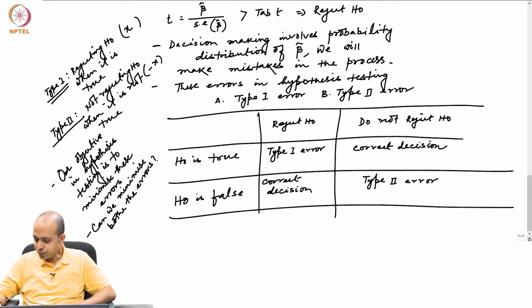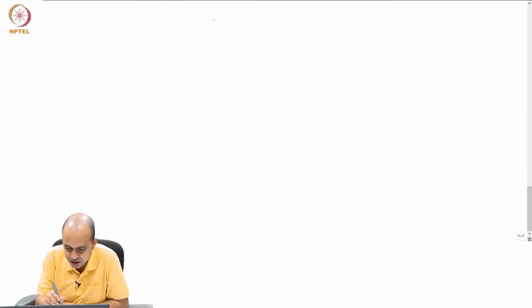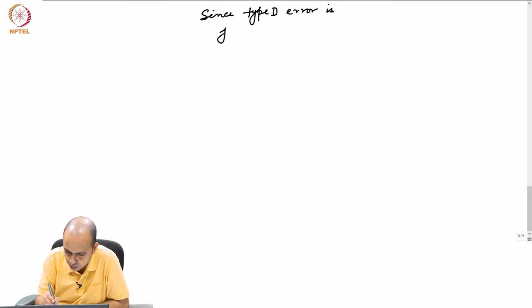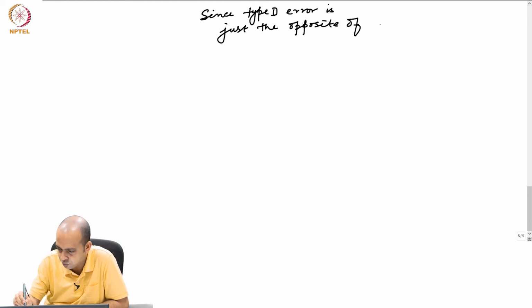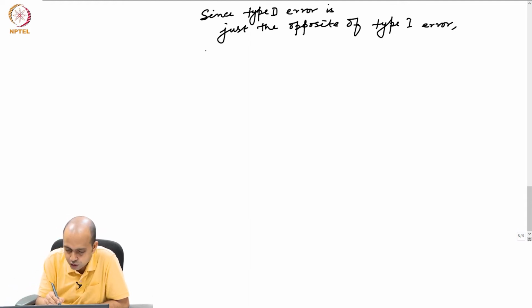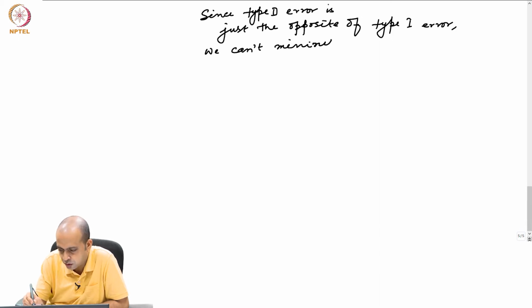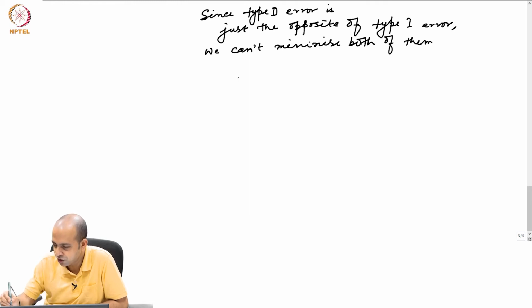So, that is why, since type 2 error is just the opposite of type 1, we cannot minimize both of them simultaneously.